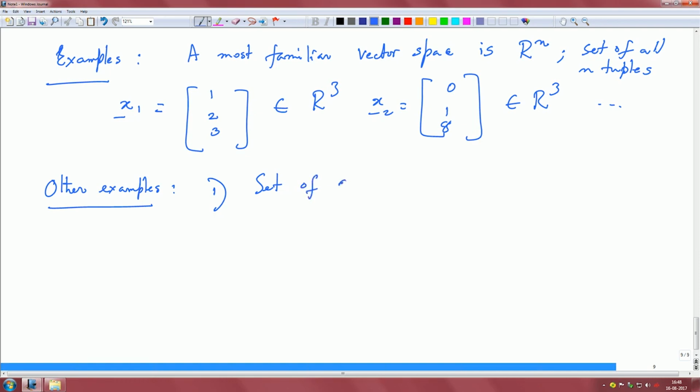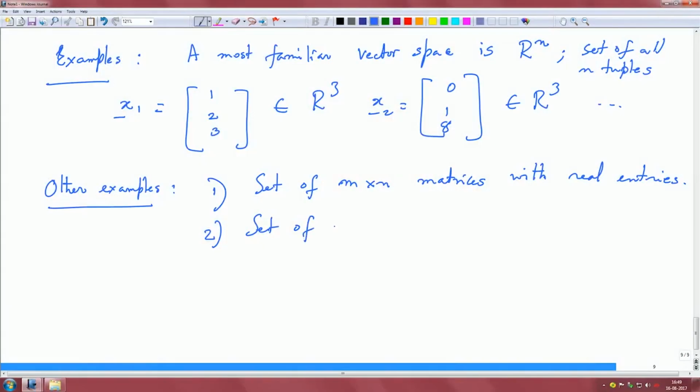Set of m by n matrices with real entries. Can you think about this as a vector space? Set of all m by n matrices with real entries.